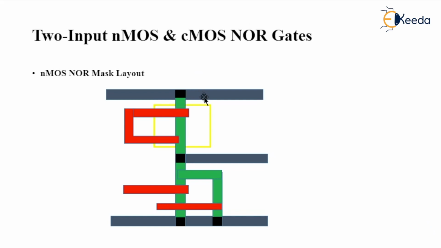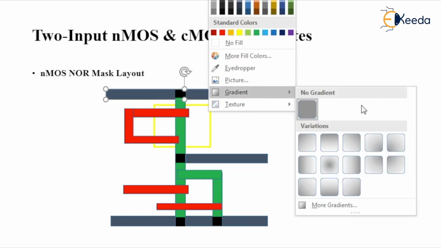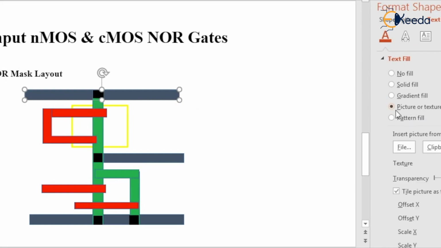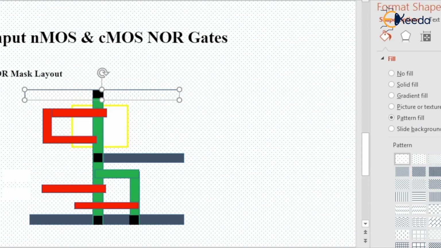So let us go through the patterns part. Shape fill, gradient, more gradients, pattern fill. I am filling the pattern part here. So fill the patterns. Metal, I am filling with metal mask encoding.